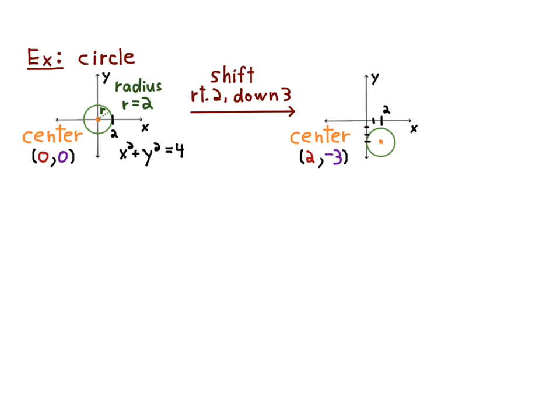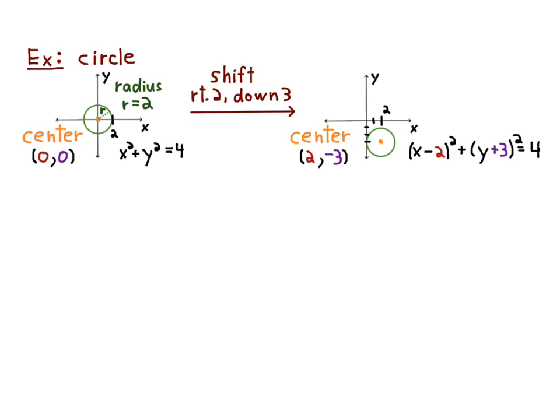You just move the center to where they say, right 2 and down 3, and that gives you the center (2, negative 3), because you started at the origin. The equation for this will be (x minus 2) squared plus (y plus 3) squared equals 4. The radius is still 2, so radius squared is 4.